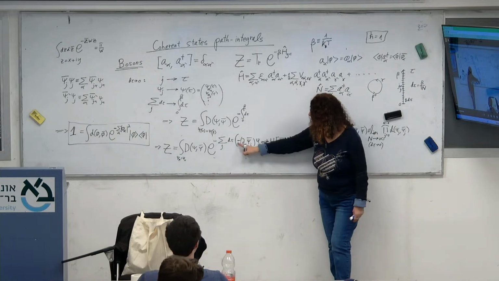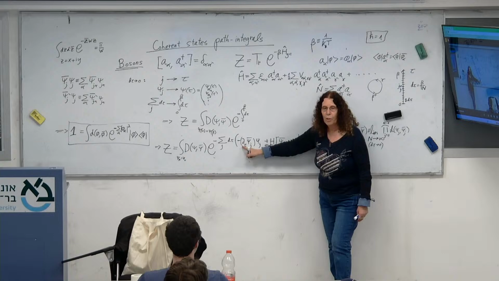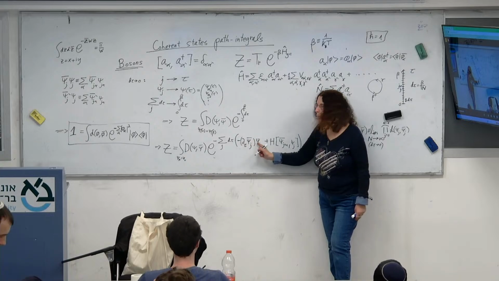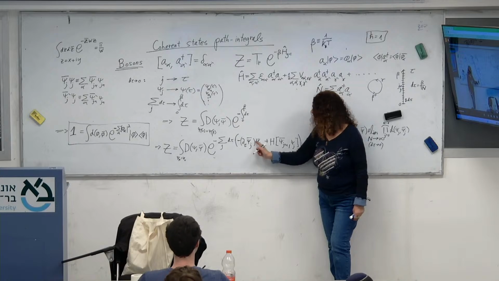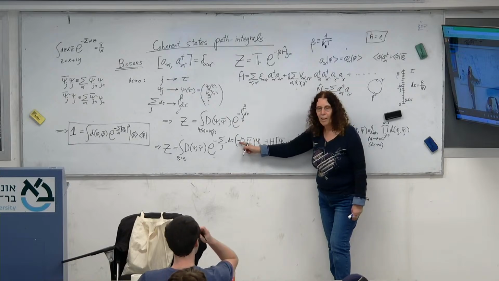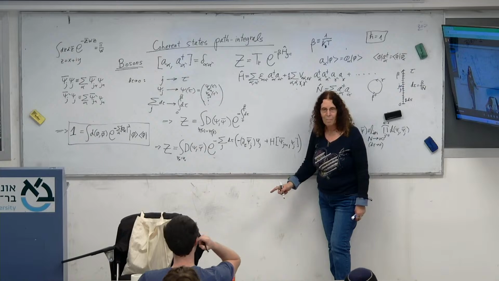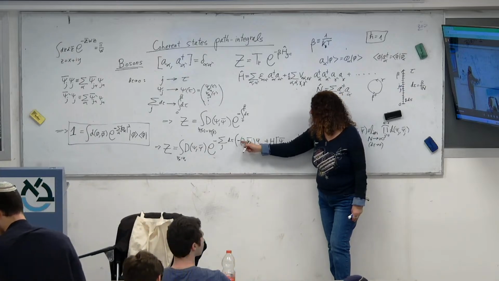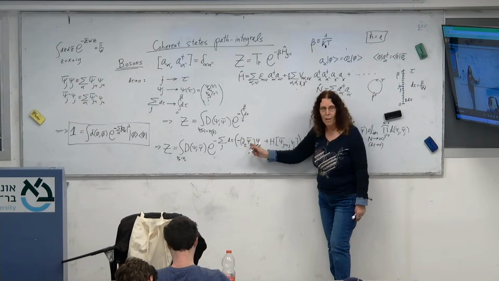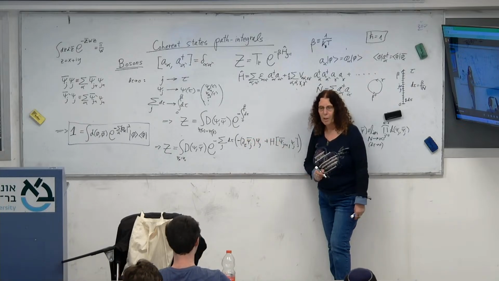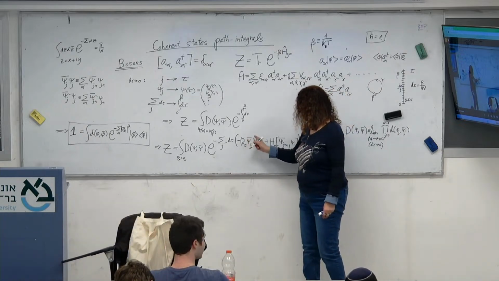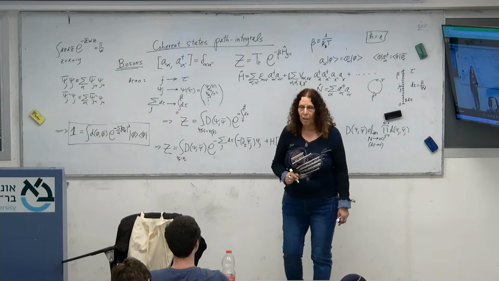Notice that here I have minus the differential acting on psi bar times psi. But I don't like this minus sign. I do integration by parts, and then the minus changes into psi bar times the derivative of psi. Why can I do this integration by parts?